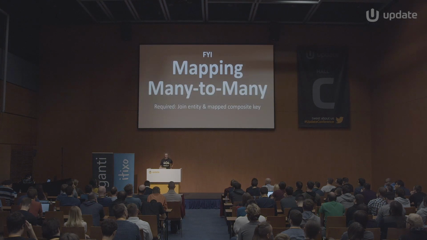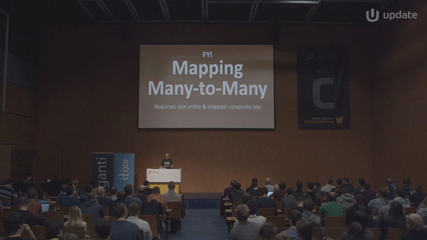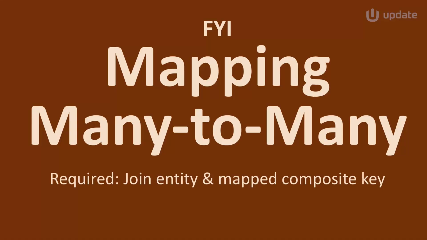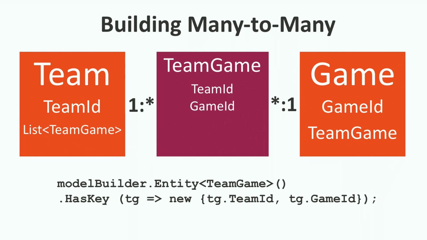Where are we? Okay, so we can do that. I just want you to be aware of this. It's not really about DDD, but as long as we're talking about one-to-one relationships, I do want you to understand that right now, EF Core, if you want to have a many-to-many, you have to have an explicit join entity. If you were looking at a relational database, there's always a join table between two tables that have a many-to-many relationship, right?